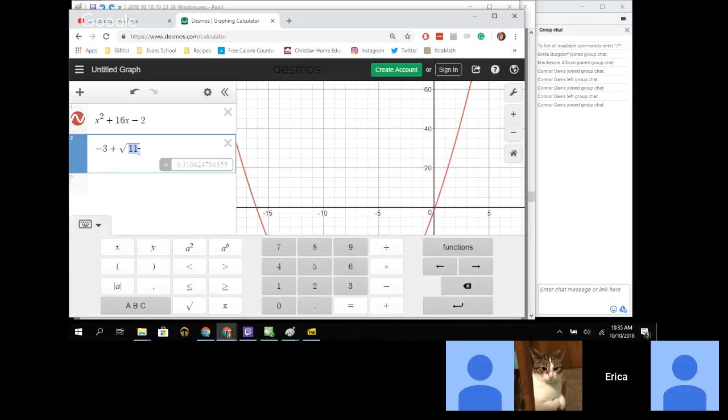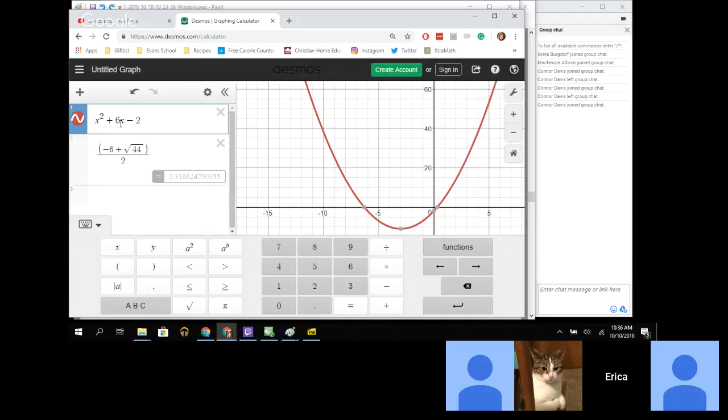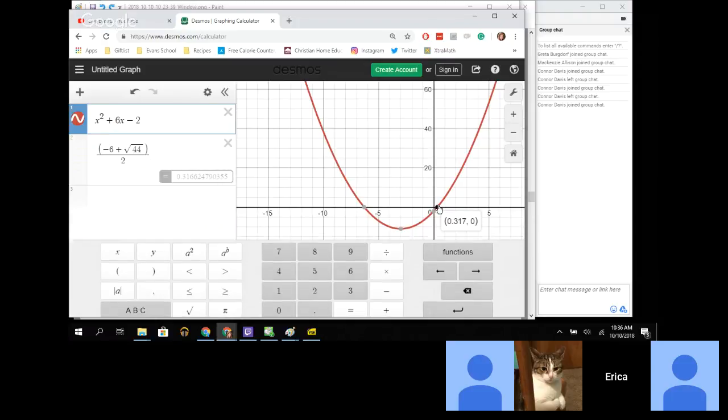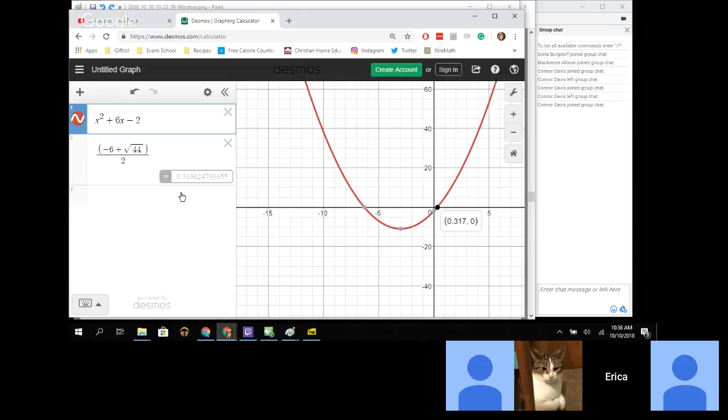Hold on. I might have done something wrong in my notes. All right, good thing we didn't do number 12 because I did something wrong in my notes to calculate that. Divided by 2. All right, so I did something off. Oh, I have 16. That's my problem. That's just 6. There we go. Now my graph and my number that I calculated add up to the same thing.